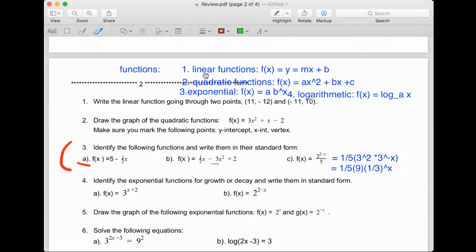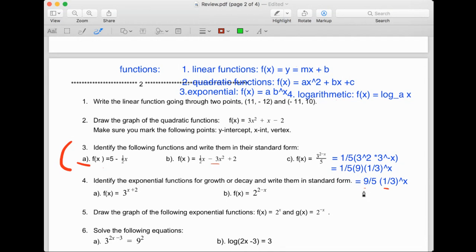So now let's keep simplifying because we need to find A and B. So 9 over 5, that's A, times 1 over 3 raised to x. Right, so now we say A equals 9 over 5, B equals 1 over 3.